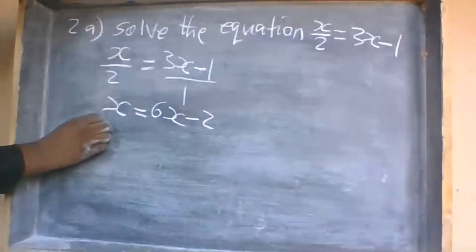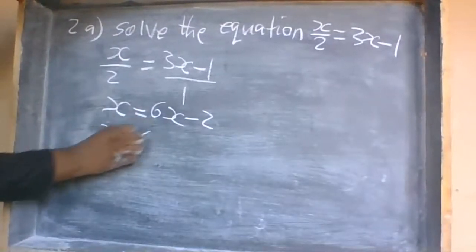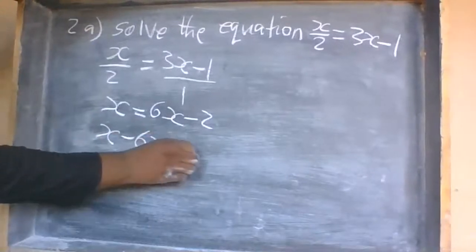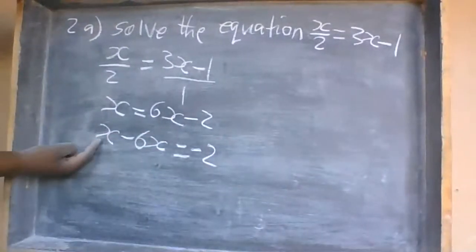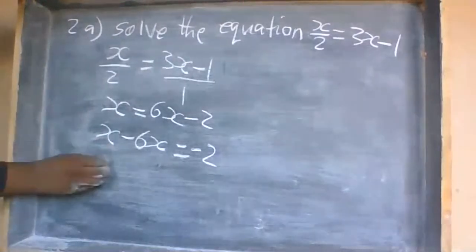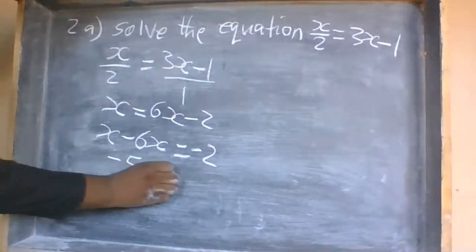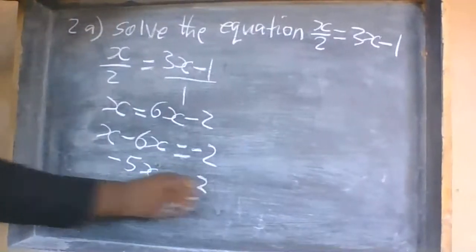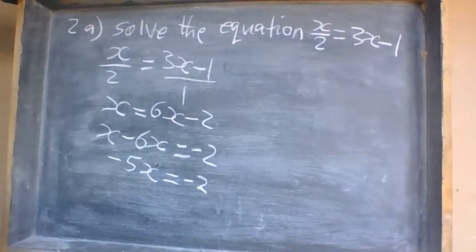So we say x minus 6x equals negative 2. Therefore, x minus 6x will be negative 5x equals negative 2.